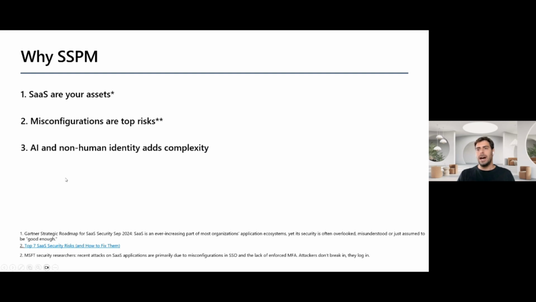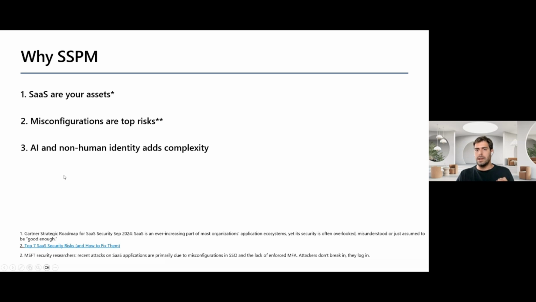And it's the fact that AI and non-human identity interaction just adds a huge amount of complexity. So now Gen AI applications can interact with your SaaS environment via OAuth protocols or via agents and so on. And also AI by itself is a SaaS application sometimes.